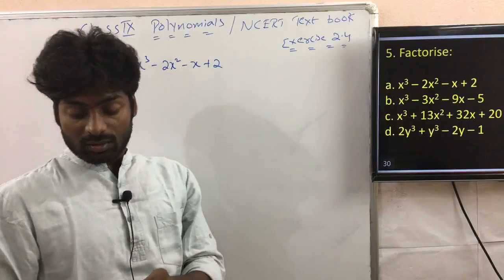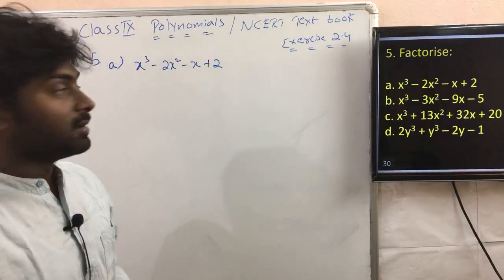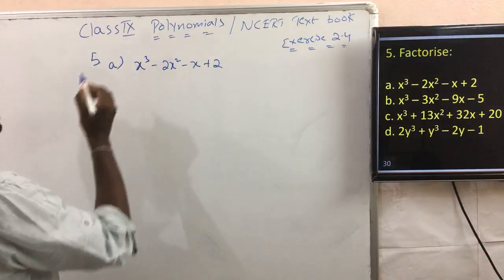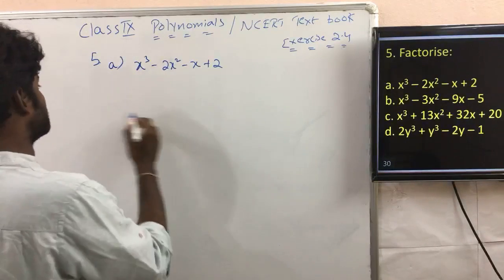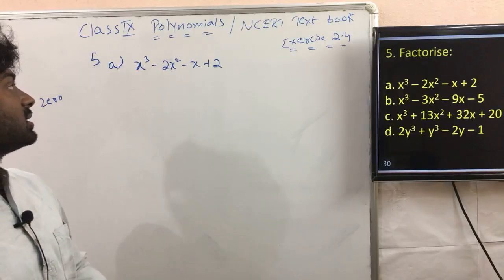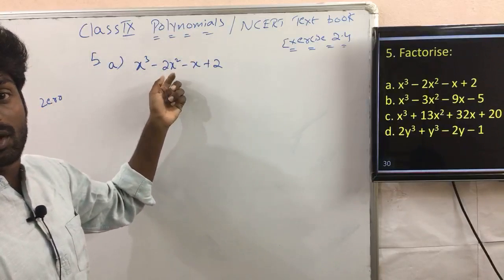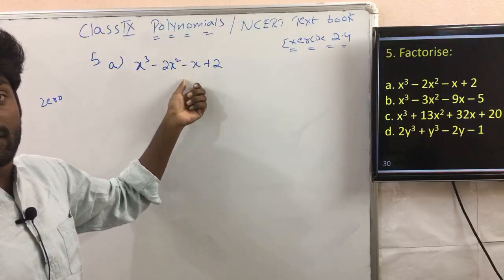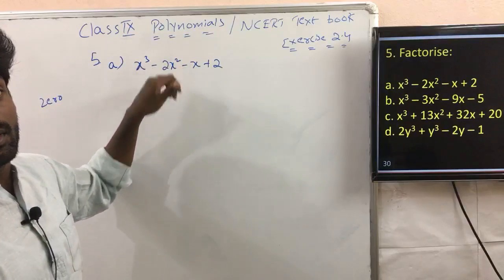So already we know when you are given a quadratic polynomial we use the splitting method, but when you are given a cubic polynomial, first of all we have to get one zero. See, I already said and again mentioning that the number of zeros or number of factors for the given polynomial depends upon the degree of the polynomial.